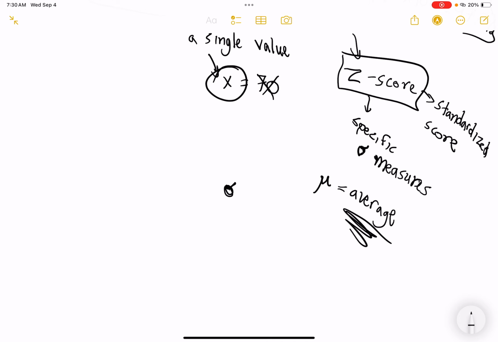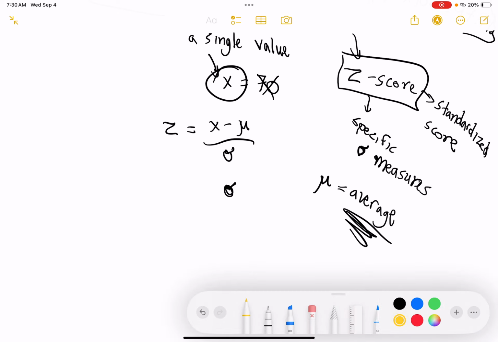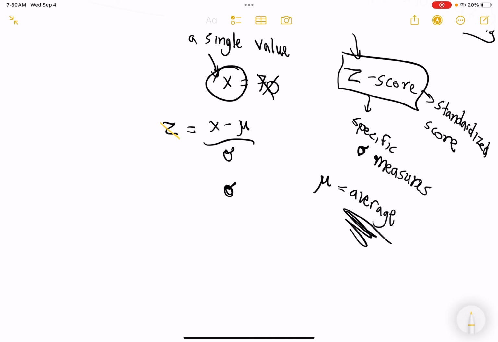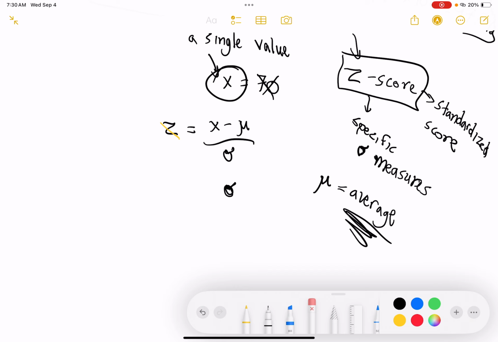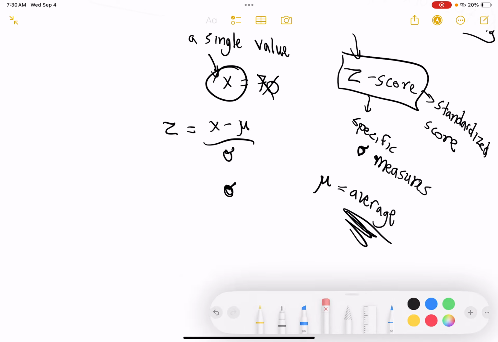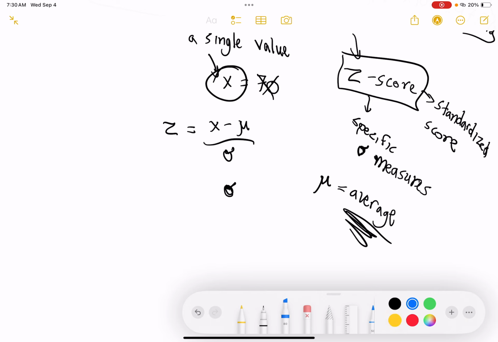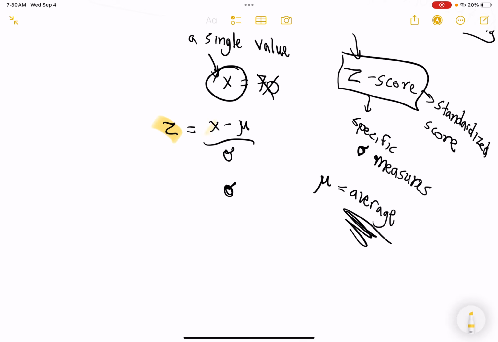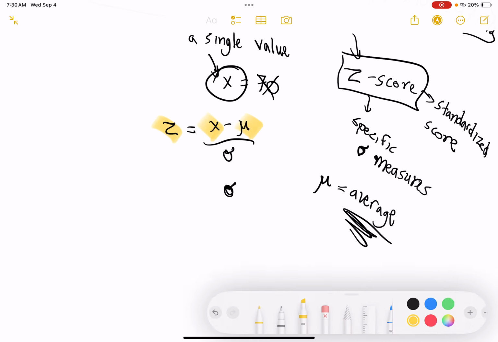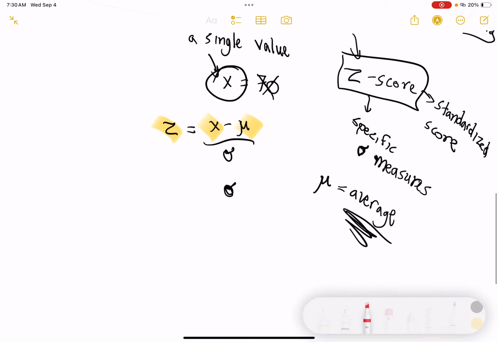And what you'll have to do is take your z-score equals x minus mean over standard deviation equation. And sometimes you'll get the z-score, the data point, and the mean, but you'll need to find the standard deviation.